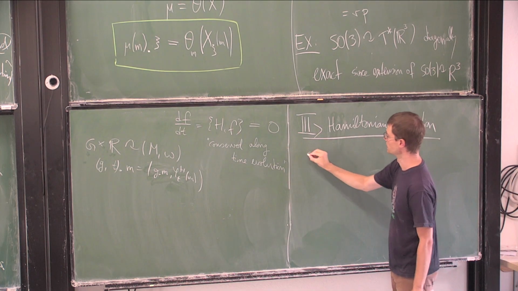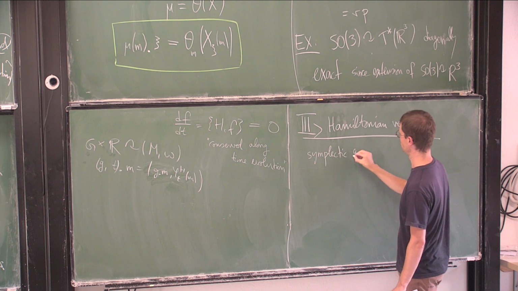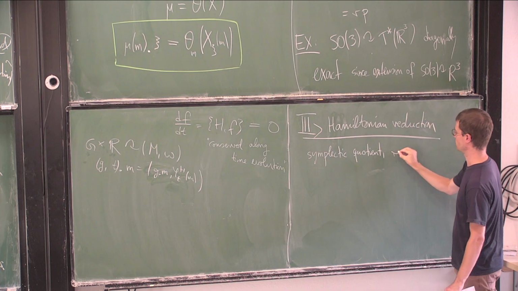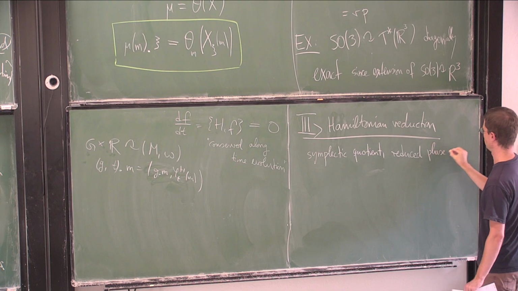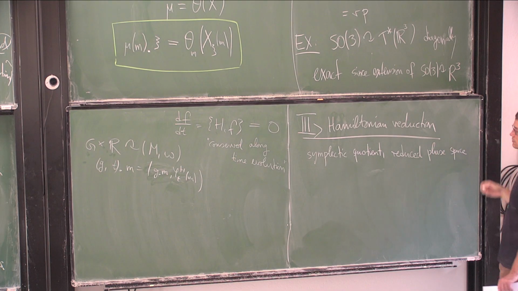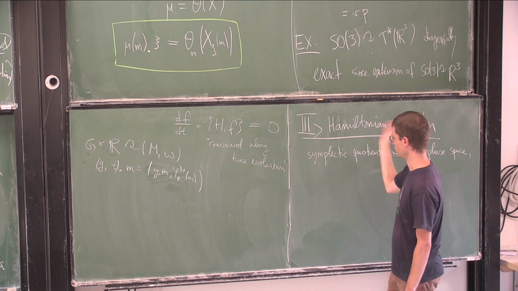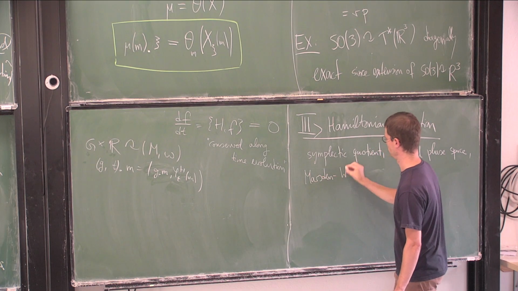Some people would say symplectic quotient, some people will speak about the reduced phase space, or still another, more mathematical term. We like to thank the people who invented it, so it's the Marsden-Weinstein quotient.